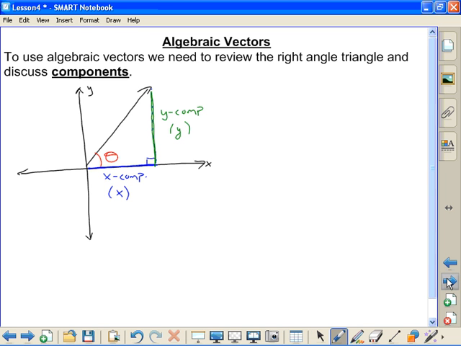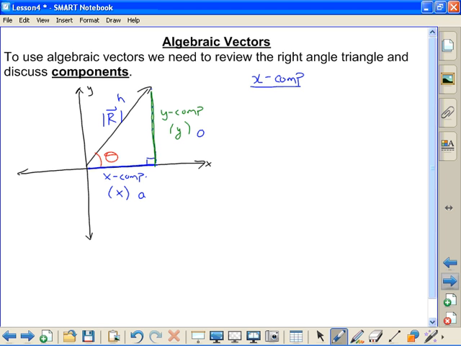So if I use my primary trig ratios, talk about the x component for a second, in order to relate it back to what we're working on, and that is when we're dealing with the magnitude of a resultant, if we use our primary trig ratios, we find that the x component is our adjacent side, y component is the opposite, and the resultant is our hypotenuse.